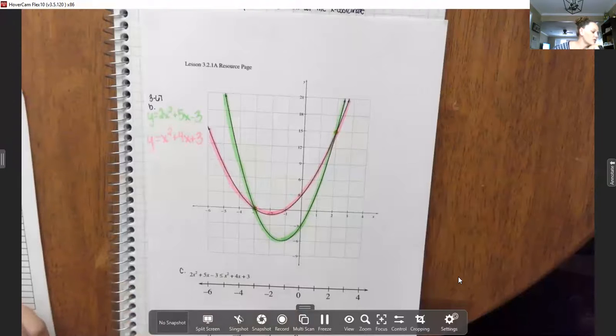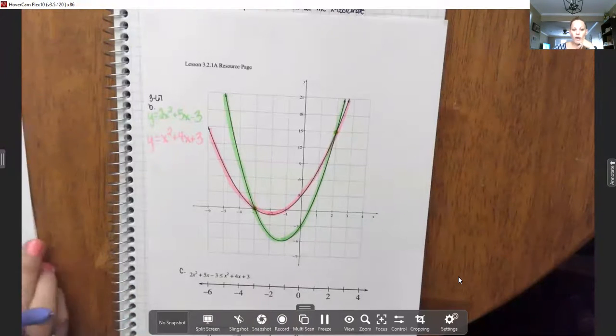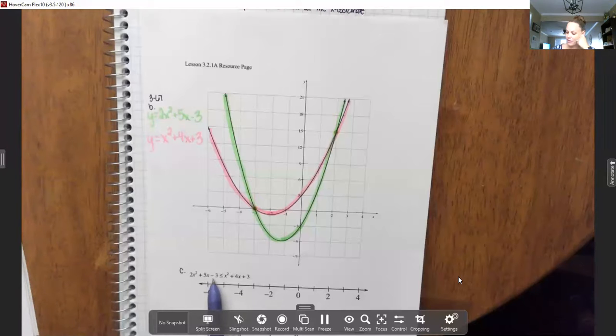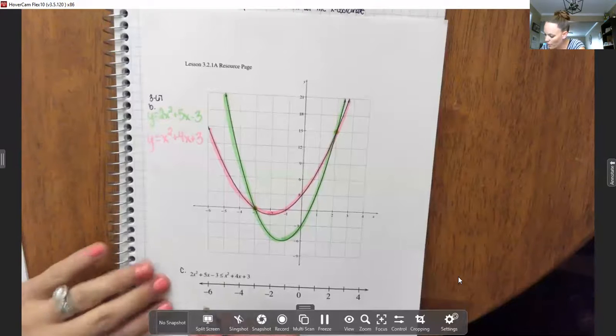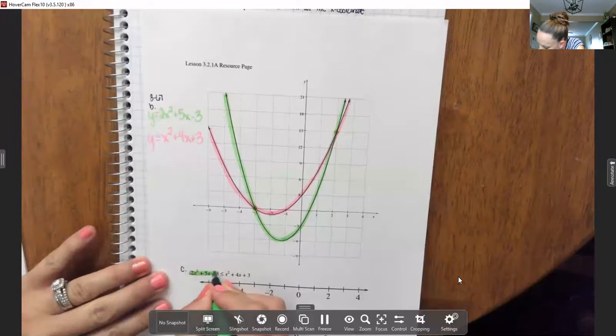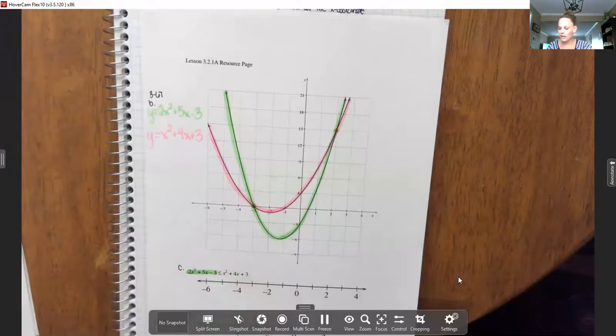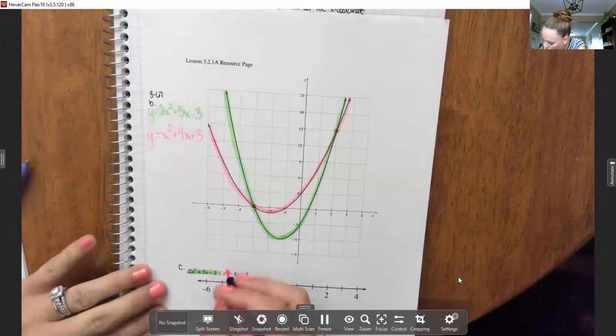So it says use the graph to identify the x values for which 2x squared plus 5x minus 3 is less than or equal to x squared plus 4x plus 3. So the 2x squared, so we want to know when is this green guy less than or equal to the pink one.